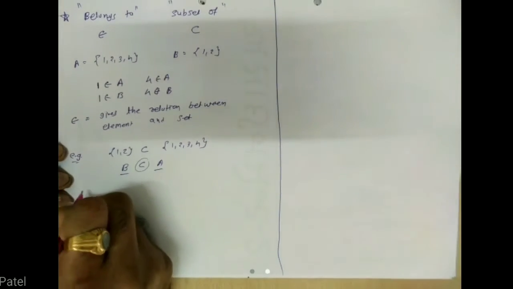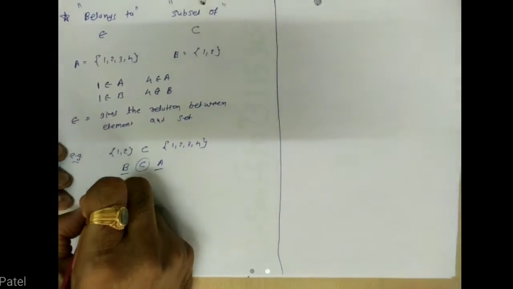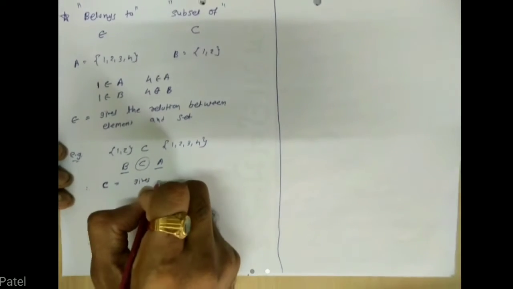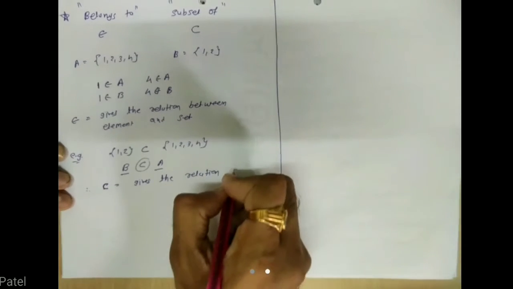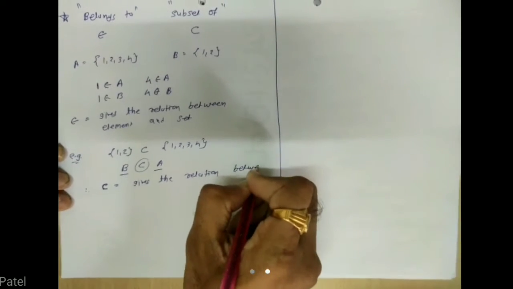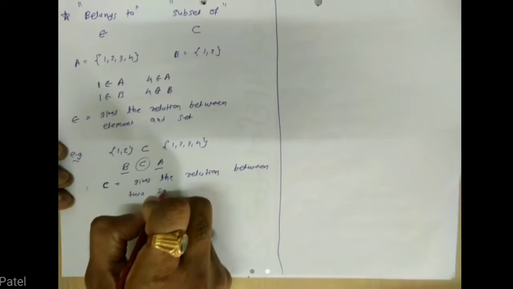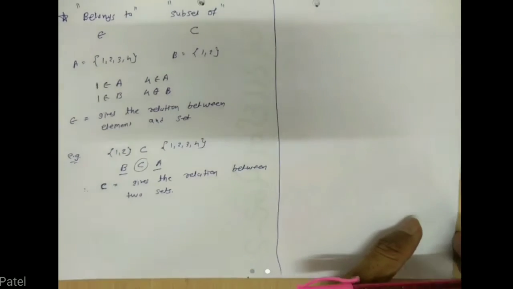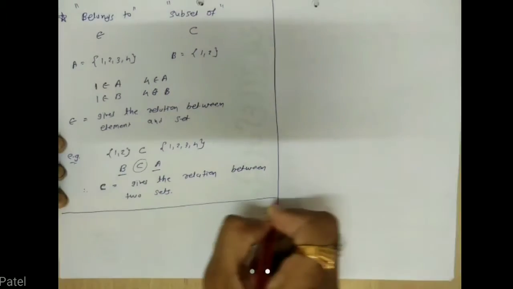So it will be clear. So belongs to and subset. So this is our subset, and that gives the relation between two sets.